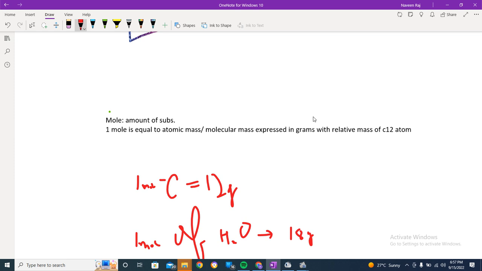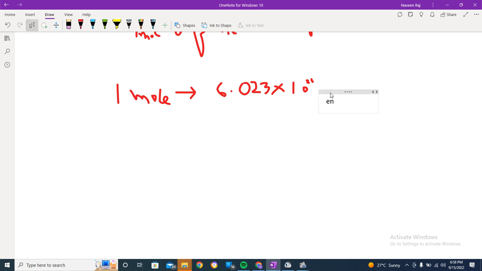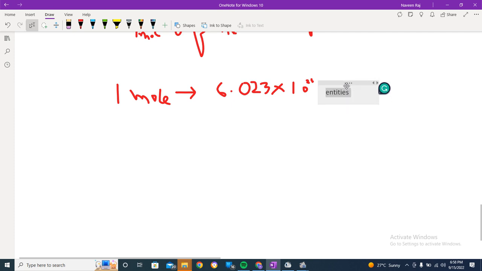And the simplest way is to say that 1 mole of substance has 6.023 into 10 to the power 23 entities.